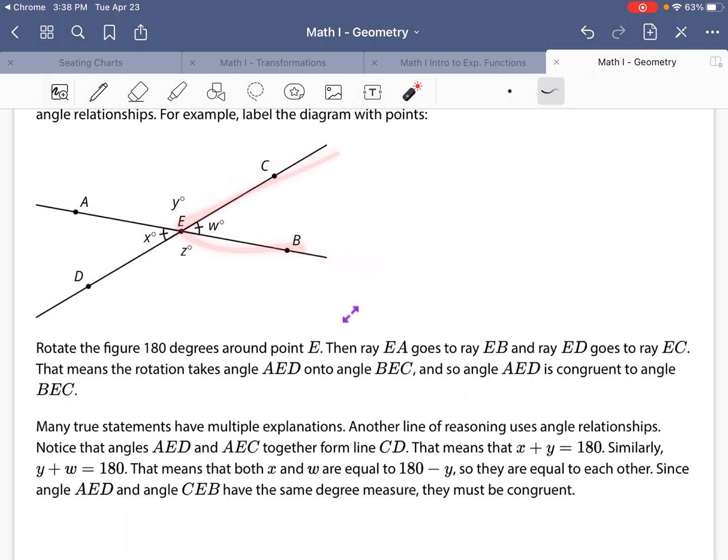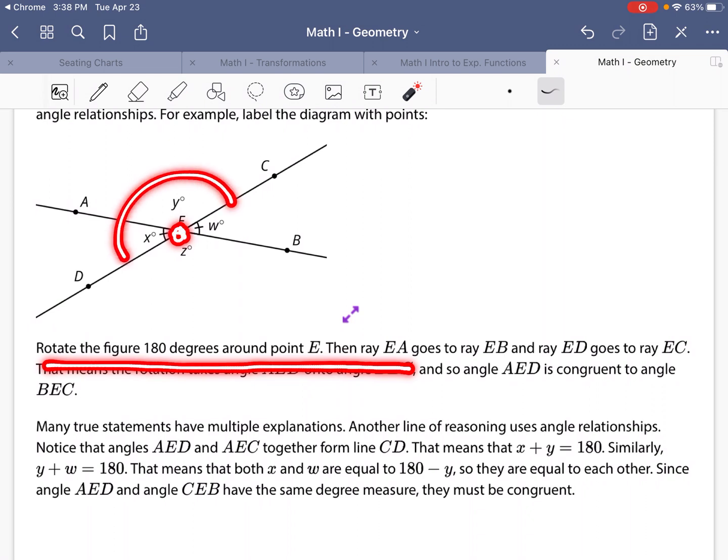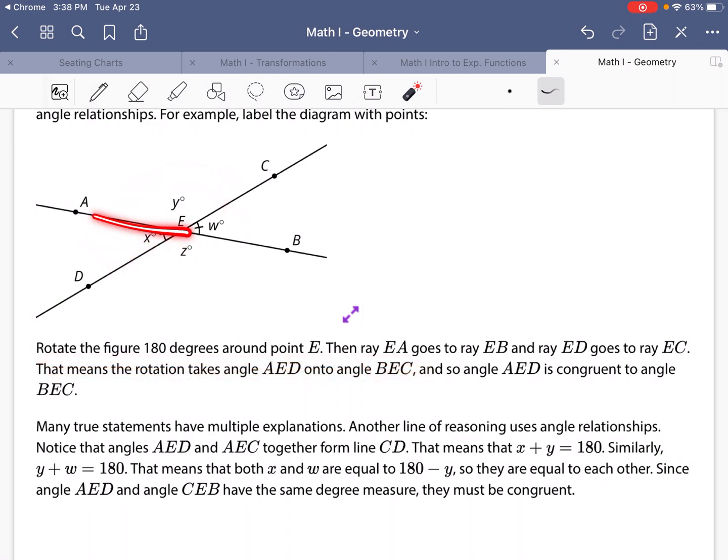If we rotate the figure 180 degrees around point E, so here's our center of rotation, then ray EA comes around and ends up over here, and ray ED swings around and ends up over here. This means the rotation takes angle AED into angle BEC, and so angle AED is congruent to angle BEC.